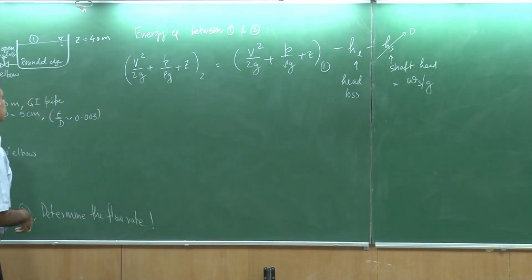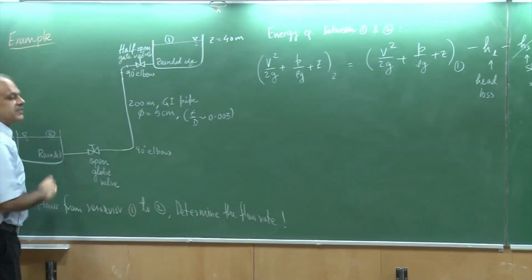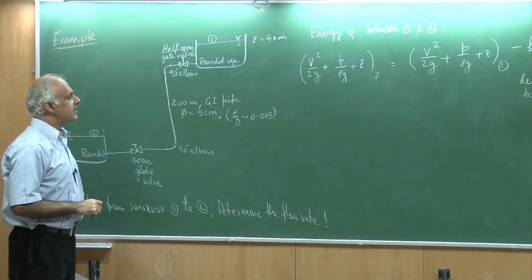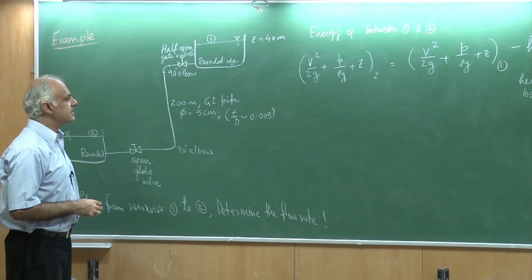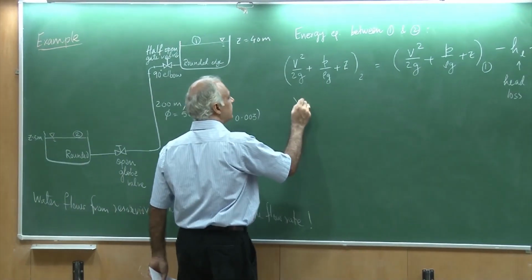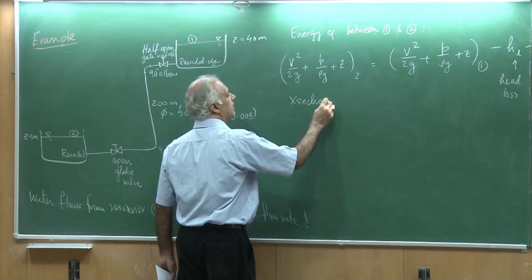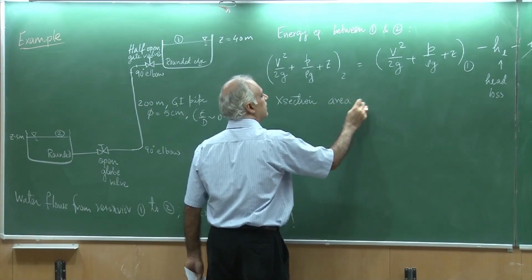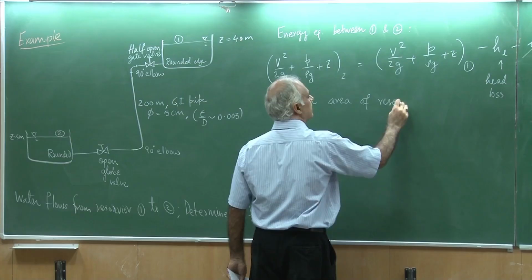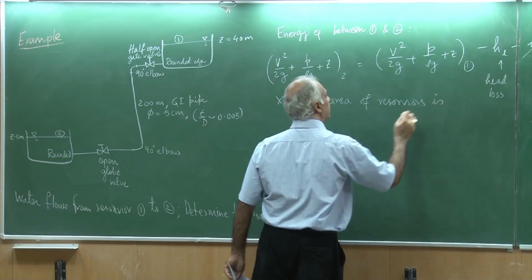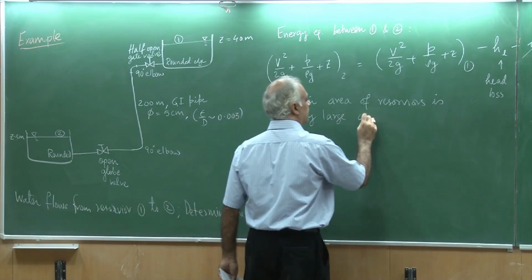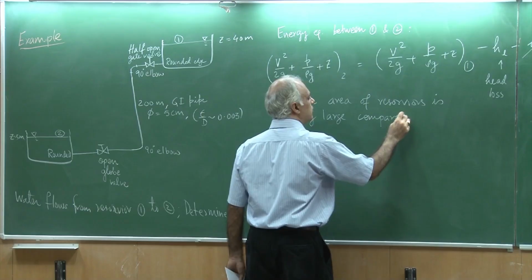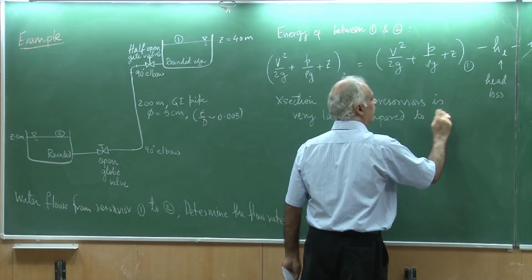We will now make some assumptions that the flow at surfaces 1 and 2 is very small, because we will assume that the cross section area of reservoirs is very large compared to the diameter of pipes.